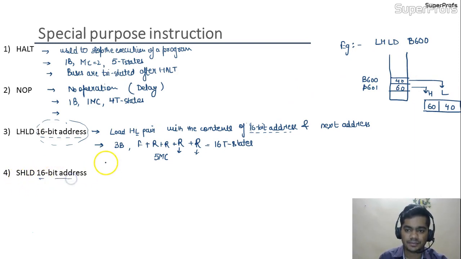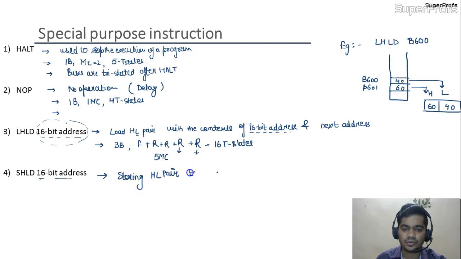Similarly, there is SHLD. So it is just the opposite of the previous instruction. Here we were loading the HL pair with the contents of the 16-bit address and the next address, but here we are storing or transferring the contents of the HL pair.